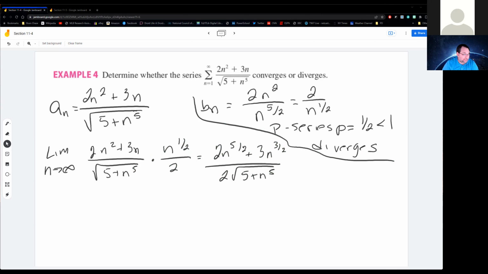My highest exponent in this case is 5 over 2. So I'm going to divide everything by n to the 5 over 2.